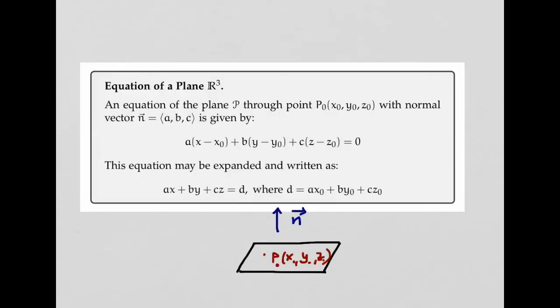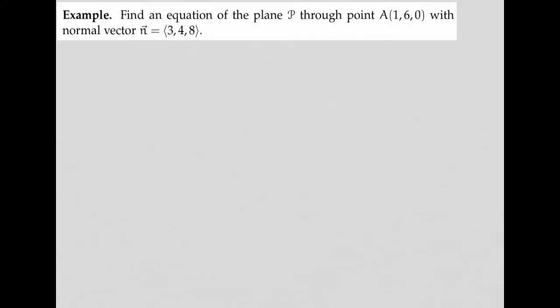Recall the equation is a times (x minus x0) plus b times (y minus y0) plus c times (z minus z0). So 1 is x0, 6 is y0, and 0 is z0. Also, a is 3, b is 4, and c is 8. Let's write the equation of the plane in R3.